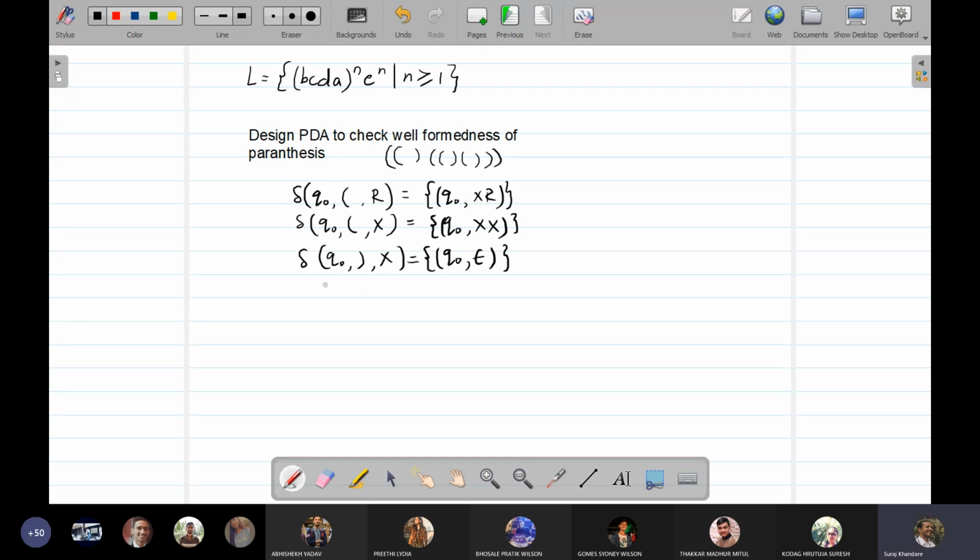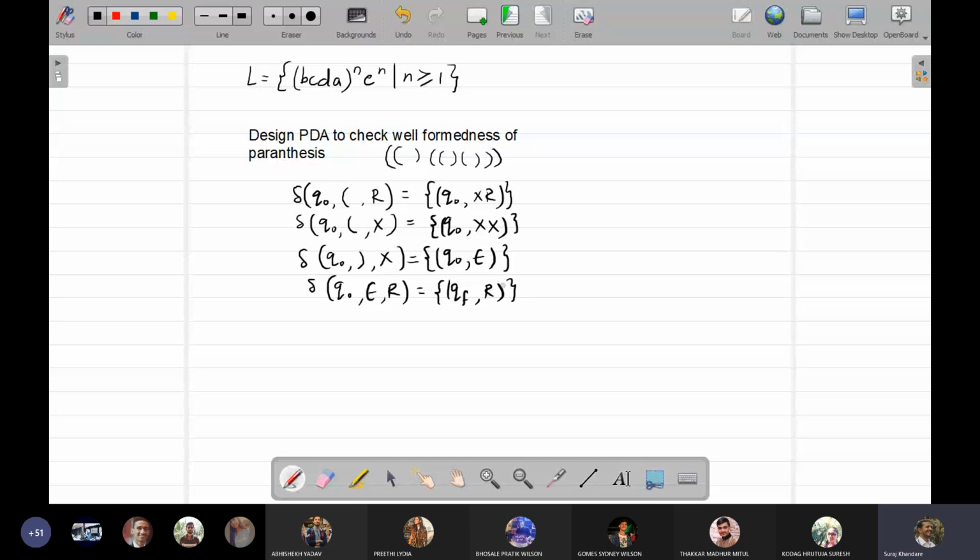On getting a closing parenthesis, we pop the stack top element out of the stack. So we have just written 4 transitions. Any more transitions are required? No, sir.